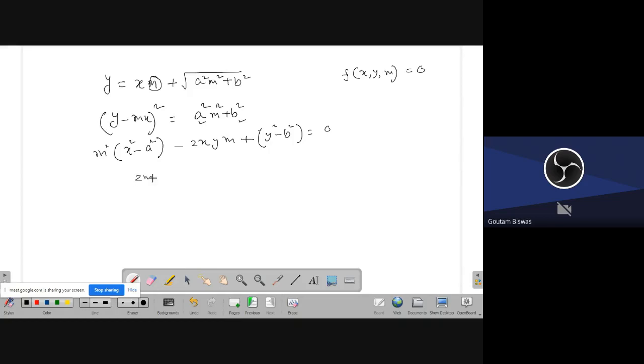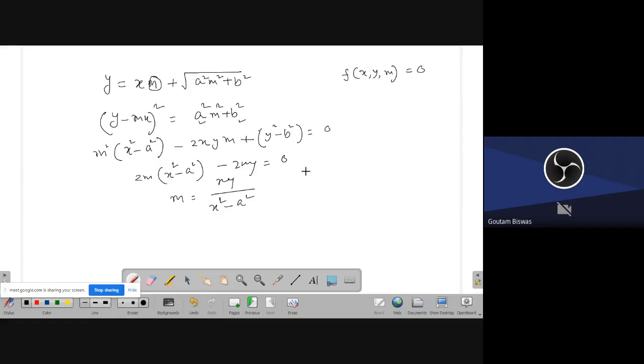Twice m into (x square minus a square) minus 2xy equals 0. From here we get m is equal to xy by (x square minus a square). So we have to eliminate m. Differentiating this equation, we are getting the value of m. Now put the value of m here.